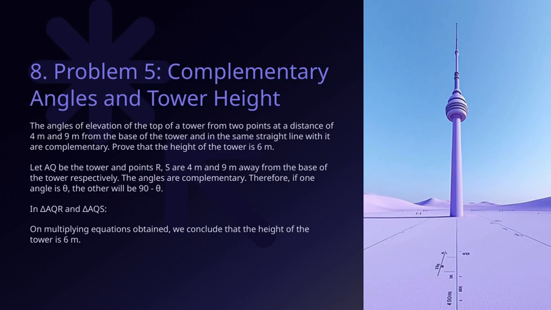This problem beautifully illustrates how understanding the properties of complementary angles can help us solve real-world measurement challenges, and it highlights the power of geometric relationships in deriving unknown heights. Connecting these concepts to the overall theme, it shows how angle relationships and triangle similarity are fundamental tools in practical geometry.